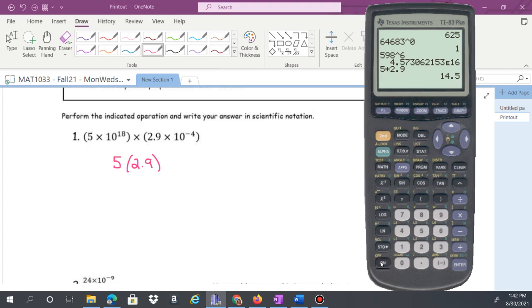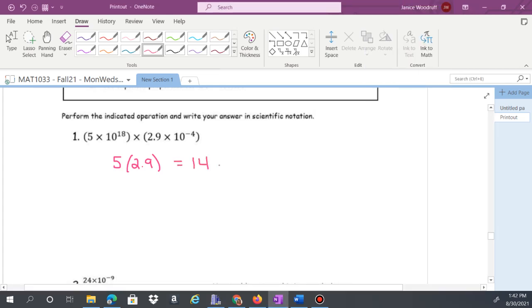So it's going to be 14.5. And then you are going to take these and add them. So 10 plus -4 is 14.